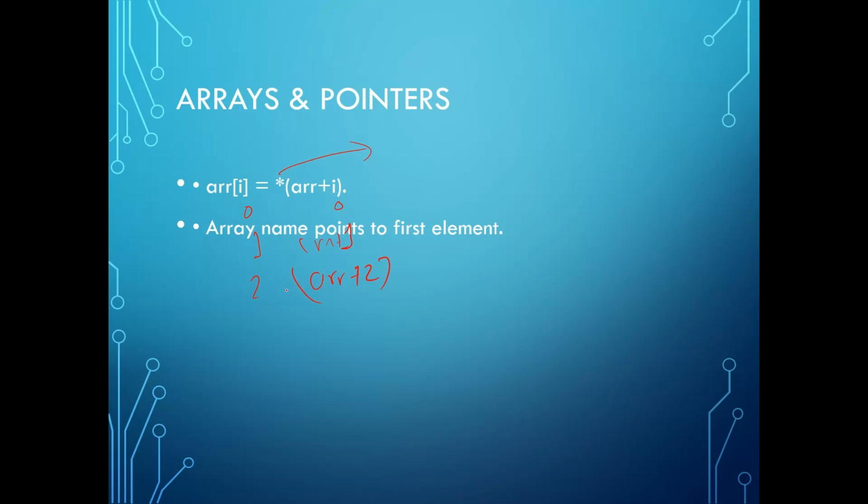This is how indication is happening with the pointer. So value at address is always different.